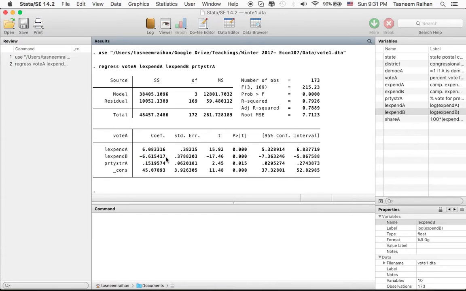Now, are these statistically significant? Let's look at the p-values. The p-value for the first one is 0, which is definitely lower than 0.05, so it's statistically significant. The second one is also 0, so both beta 1 and beta 2 are statistically significant here.